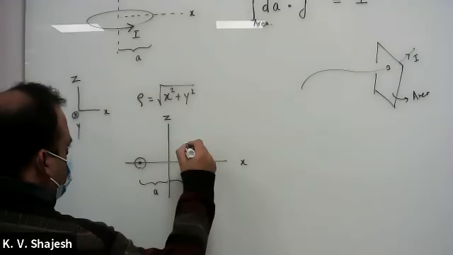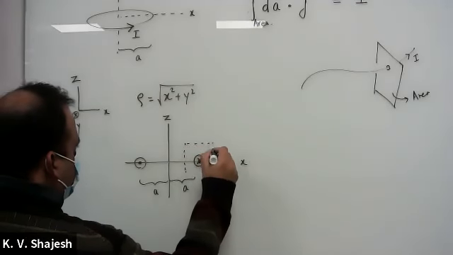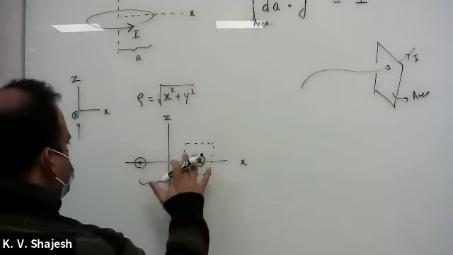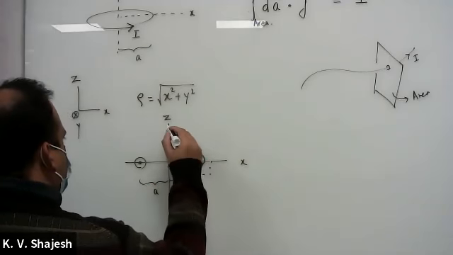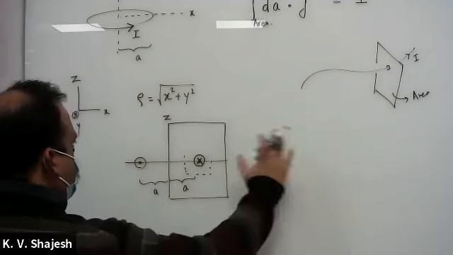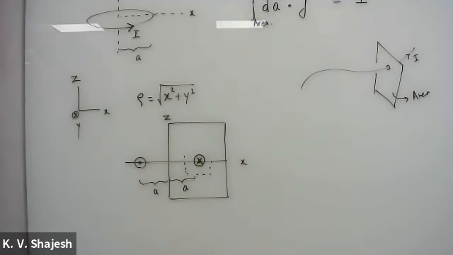So let me pick my area to be somewhere here. That could be my area. And I'm sure that the loop of wire is going through that area once. To make this convenient, I'll increase this area all the way to the half plane of XZ.